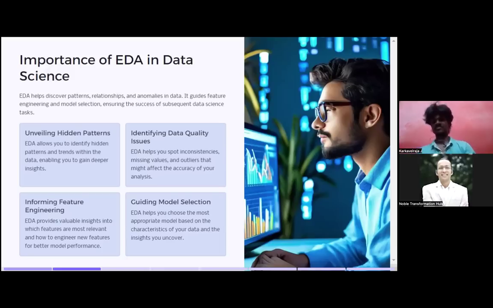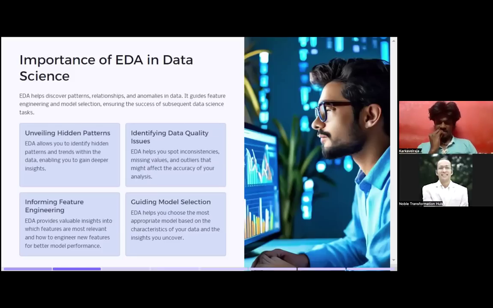And guiding model selection: EDA also helps you to choose an appropriate model based on the characteristics of your data and the insights you uncover. You select your model according to that, and EDA helps you in that.